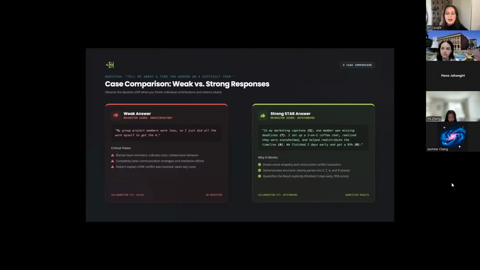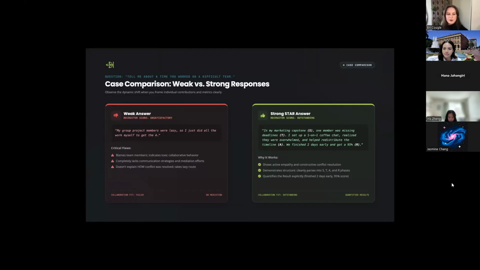So, another common pitfall is sort of like blaming the company or blaming the situation that you're in, instead of taking ownership and accountability for the situation and talking about it with a solution-oriented mindset. So here I have the example.